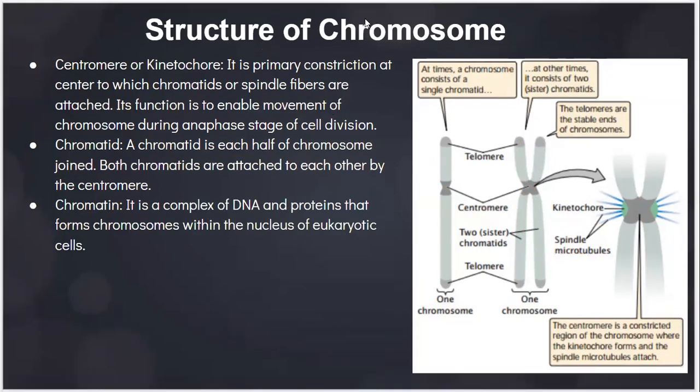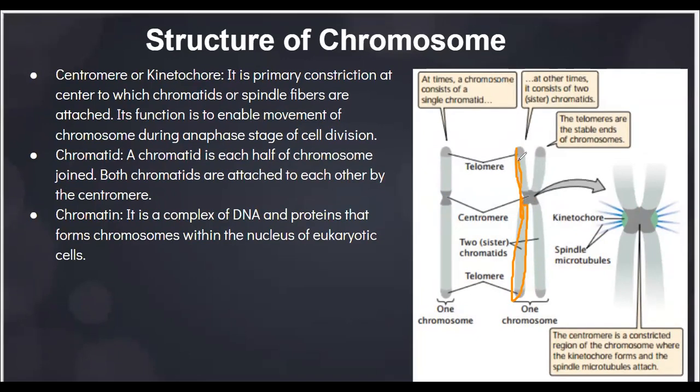Next, what is this chromatid made up of? This whole thing is made up of chromosome, DNA, nucleotide. In the condensed form, we call it a chromatid. See, DNA, chromosome, chromatin, these are all the same thing. Chromosome is made up of DNA.